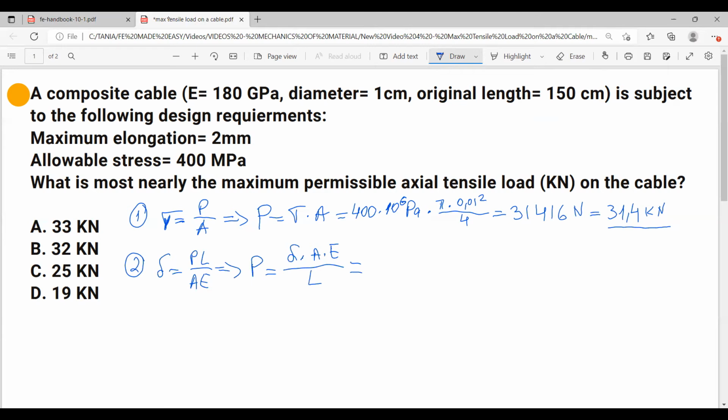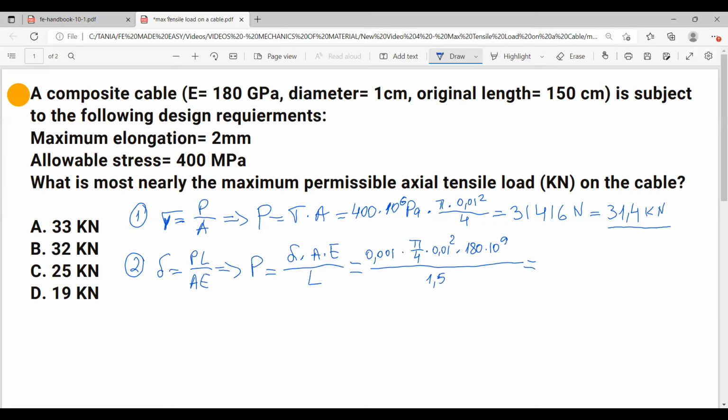And here we have 2 millimeters, which in meters is going to be 0.002 multiplied by the area, which is pi over 4 times 0.01 squared, times modulus of elasticity 180 times 10 to 9 pascals, divided by 1.5 meters. 150 centimeters to transform to meters, just divide by 100.